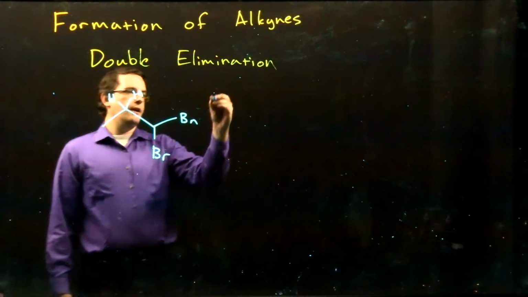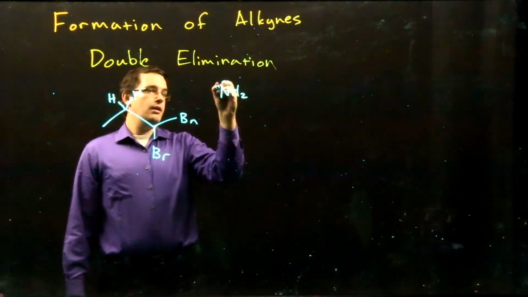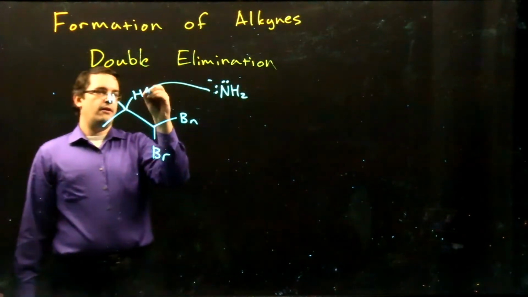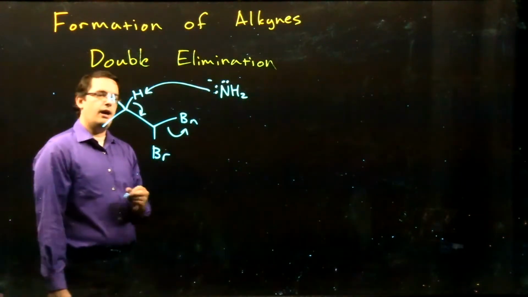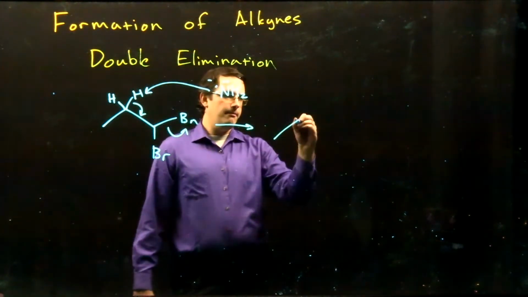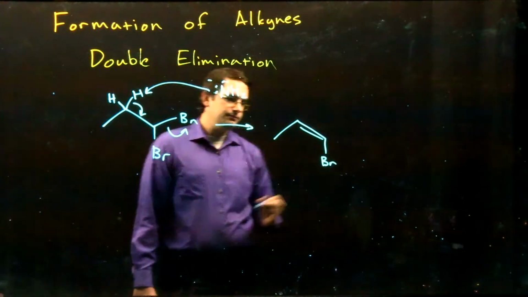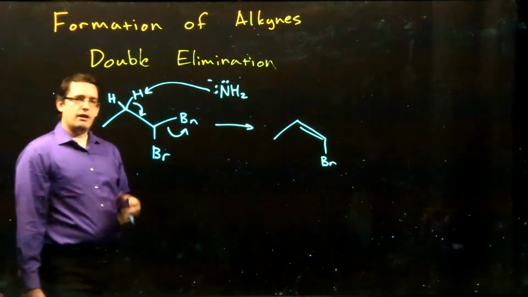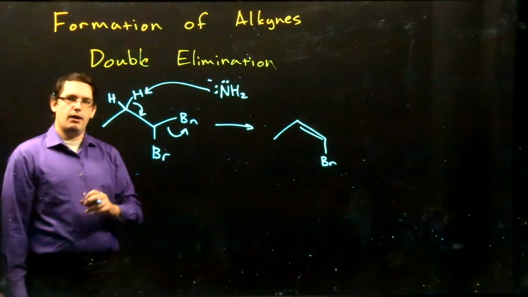So we can bring in a strong base, and we can pull off our hydrogen while kicking off our halogen in order to create an alkene. So this is the standard elimination that we've seen in our previous alkene reactions.